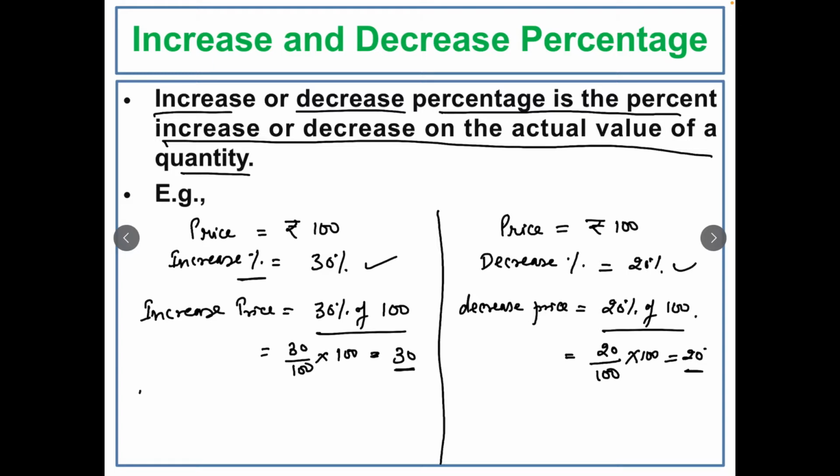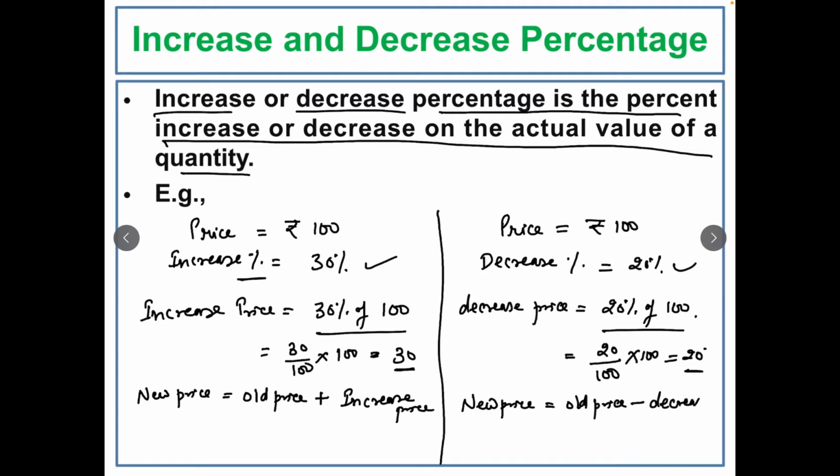The new price will be the old price plus the increased price. While here the new price will be the old price minus the decreased price.